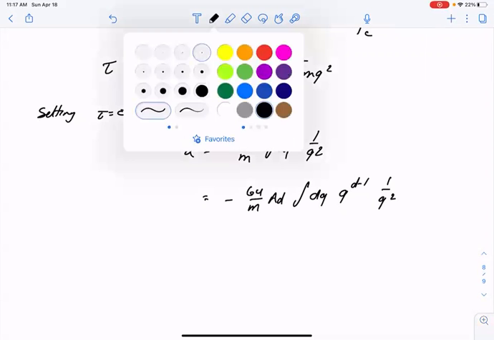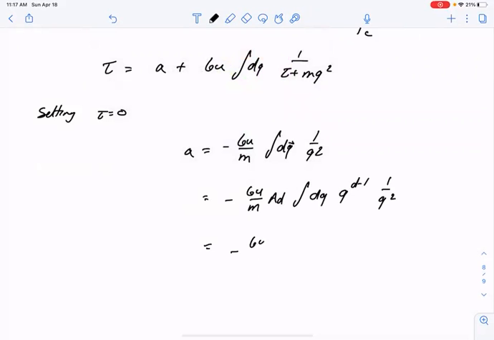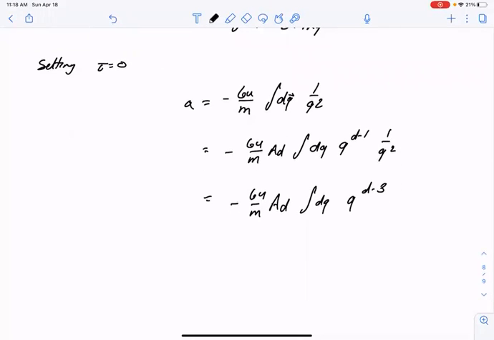That whole thing, so I have minus q to the d minus 3, which does not look super regular. So in fact, in general, this is a divergent integral.